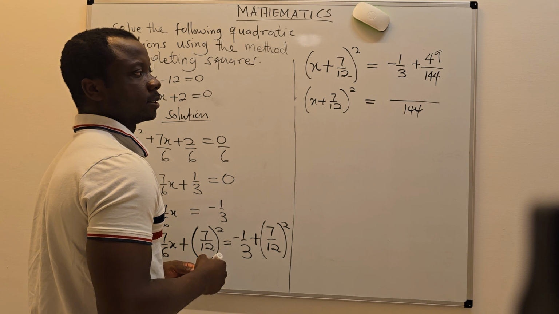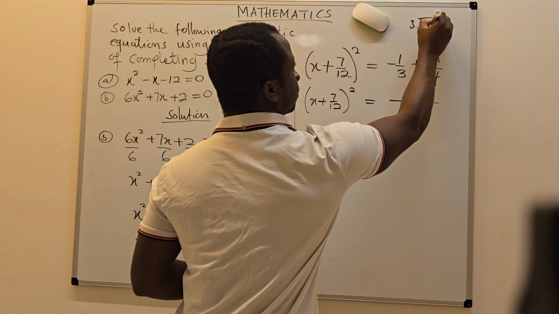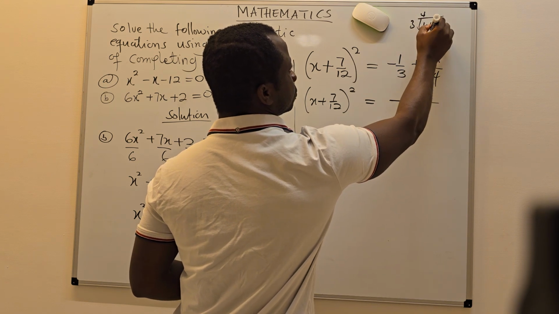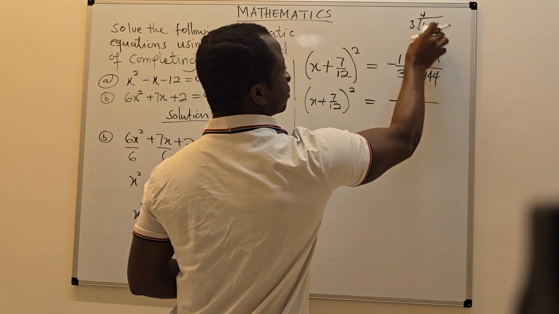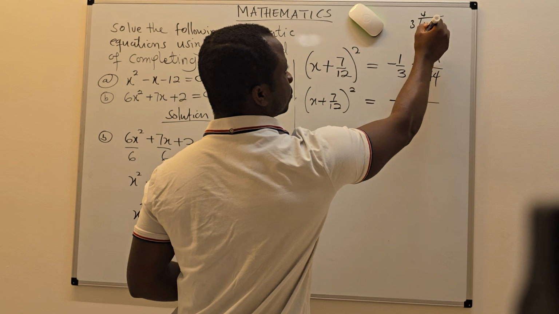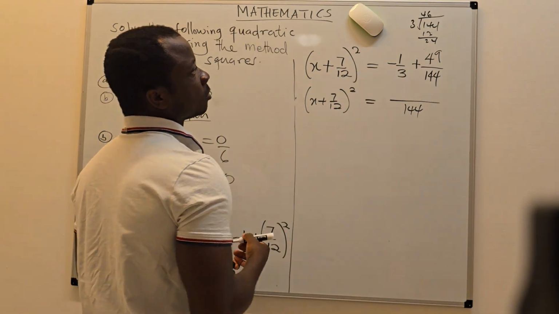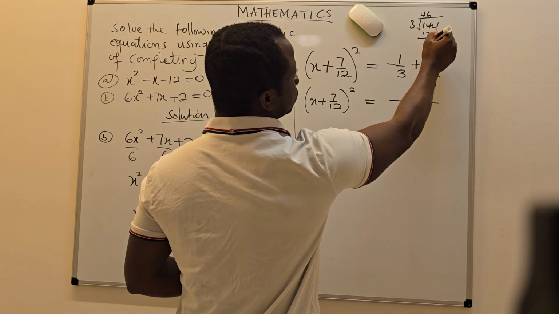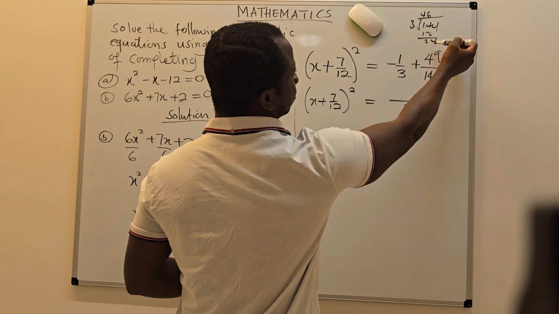Now let's divide 3 into 144. 3 goes into 14 four times, and then we drop the 4 down, 24.